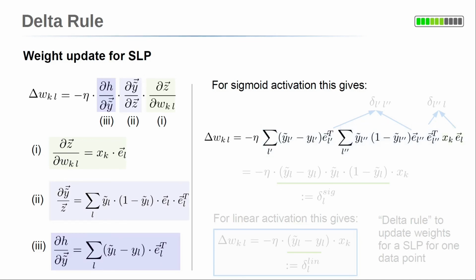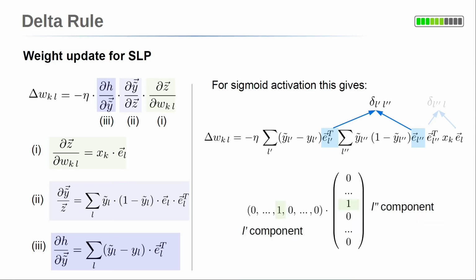Note that we used L prime and L double prime so that we can mix the factors in both summations. If we take a look at the multiplication of the unit vectors, we see that they reduce the summations. The unit vector EL prime transpose times the unit vector EL double prime is calculated according to the rules of matrix vector multiplication.